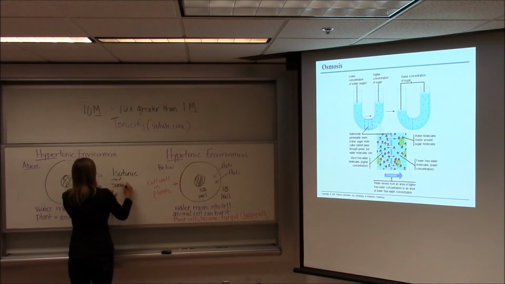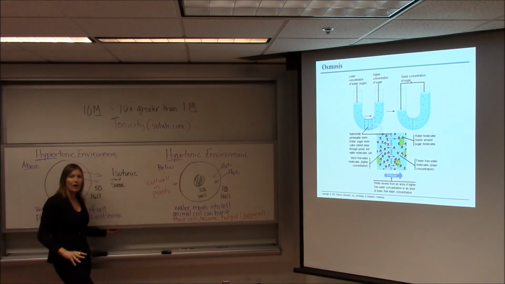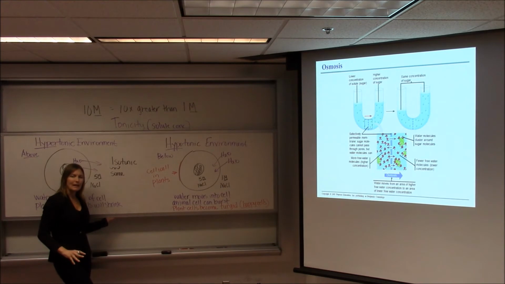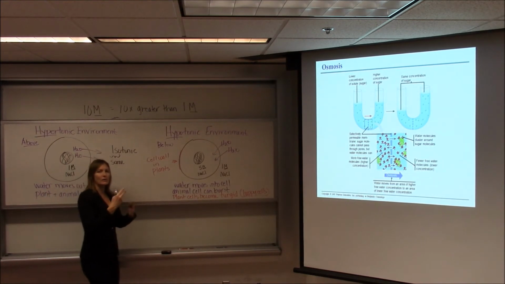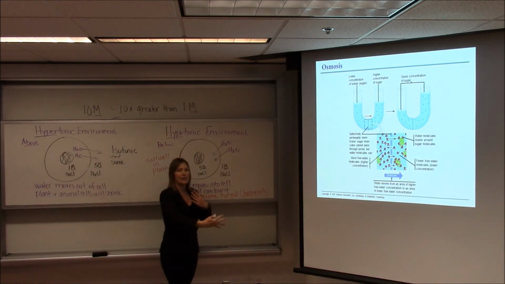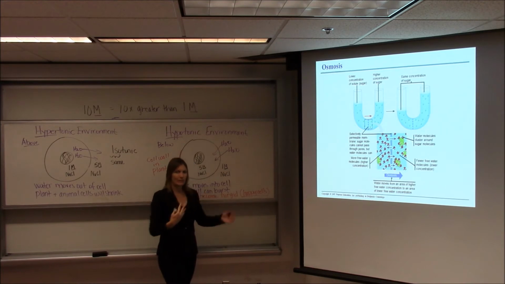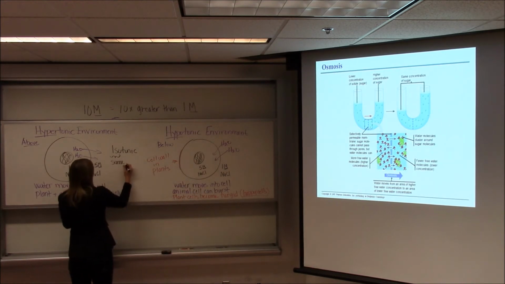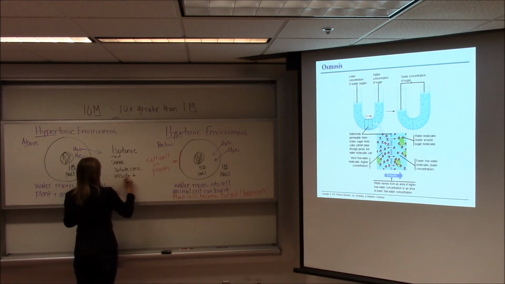That means solute concentration inside and outside are the same. And in an isotonic situation, water is going to move into the cell and out of the cell at an equal rate. So isotonic is same solute concentration inside and outside the cell.